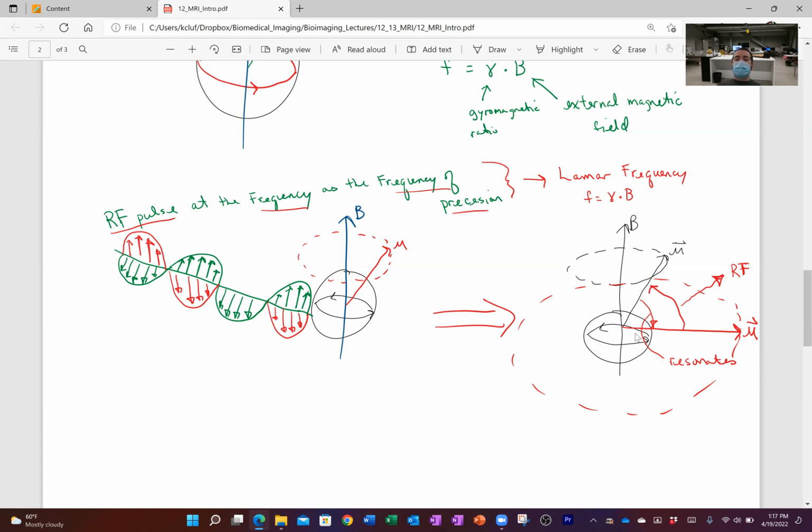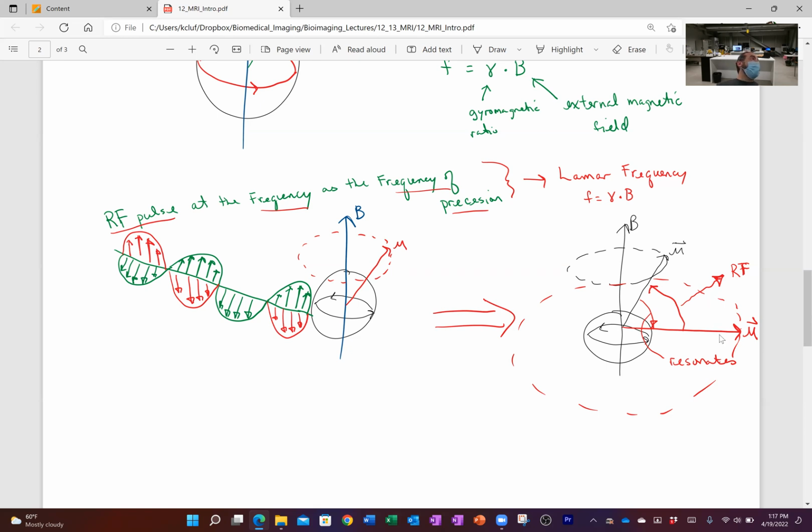Okay, so here the magnetic moment is on its side because it's resonated with the RF pulse, and it absorbed the RF energy and is spinning around. We turn off the RF pulse. All these magnetic moments want to snap back and realign with the external B field where they were. Okay.